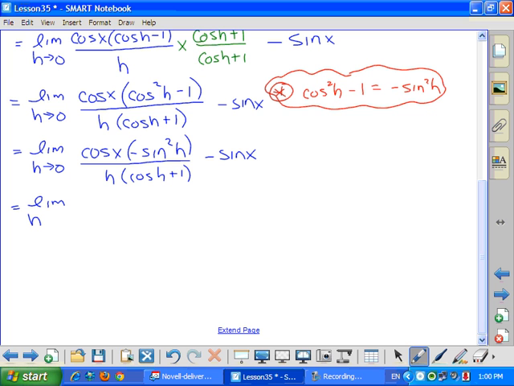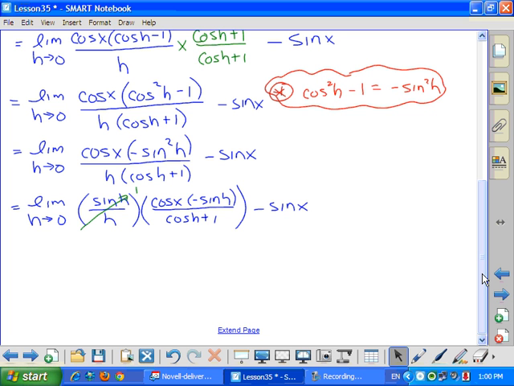So what happens now is we can write sine h over h, and I'd be left with a cos x multiplied by negative sine h all over cos h plus 1. That term then goes to 1 for us. Oops, and I better not forget that negative sine x.